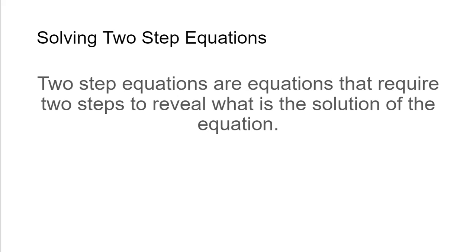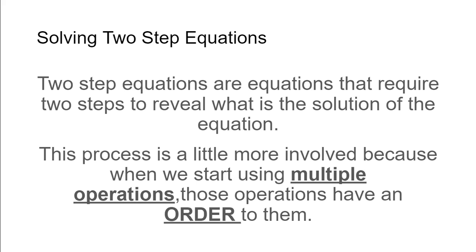So we have to make sure that we are following that order in order to evaluate expressions. That's no different when solving equations: we're going to have an order that we need to follow. That order is something you should be a little bit familiar with, but you have to think about it in a little bit of a different way. Because we have multiple operations, we have to think about the order in which we are actually undoing them.